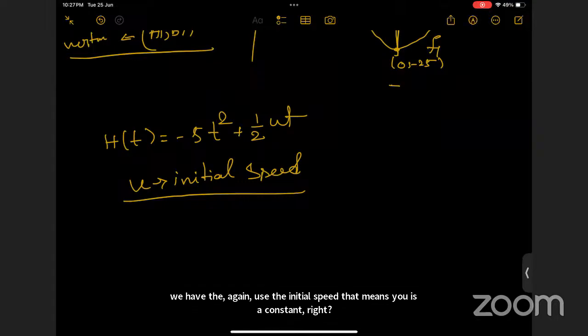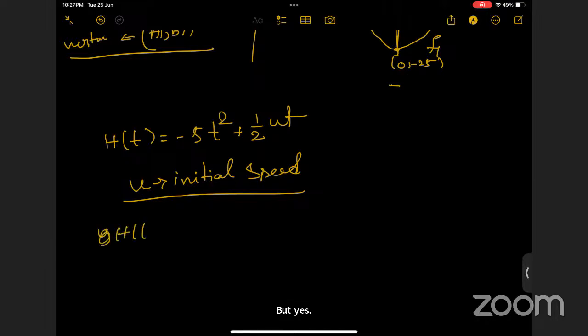So we can take u as a constant. So we have the parabola h(t) equals minus 5t squared plus (u/2)t.